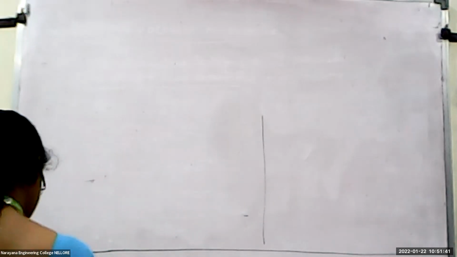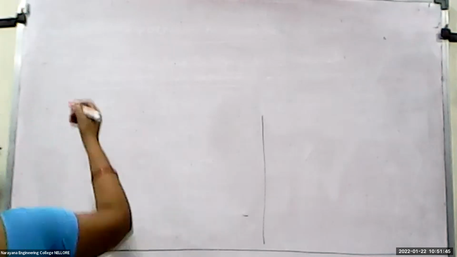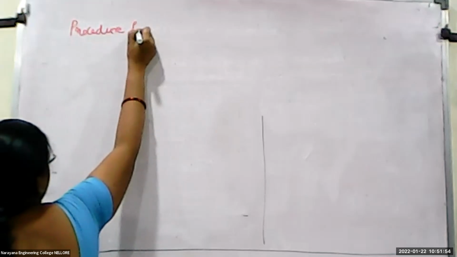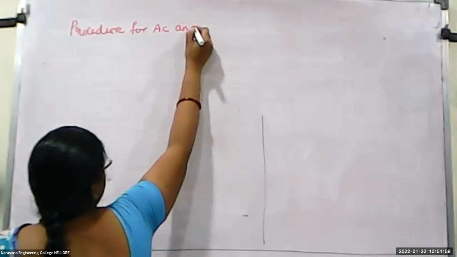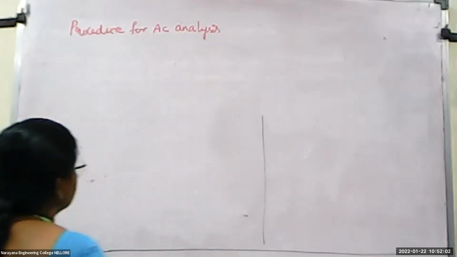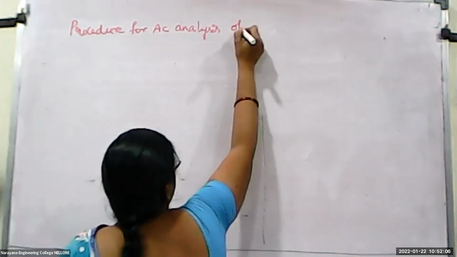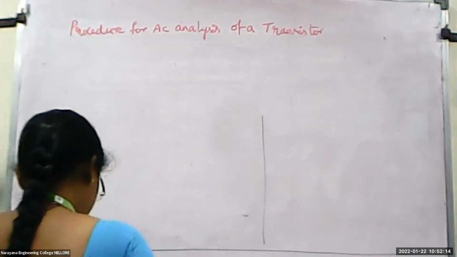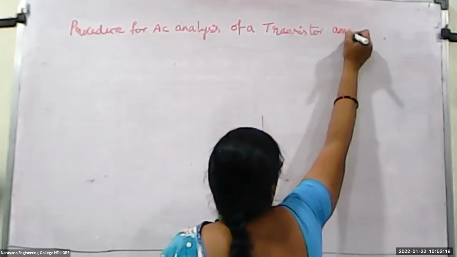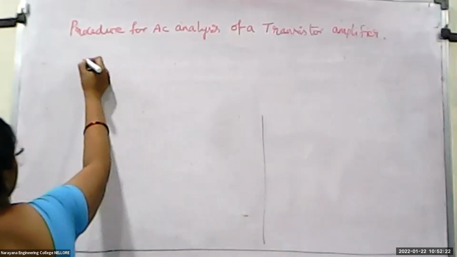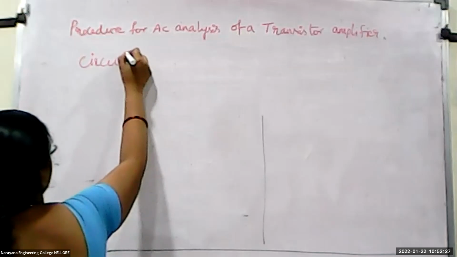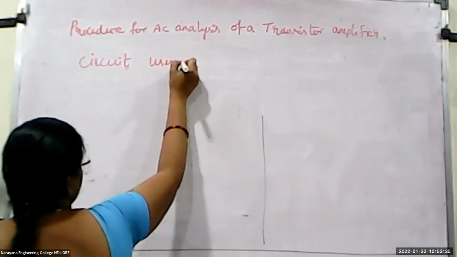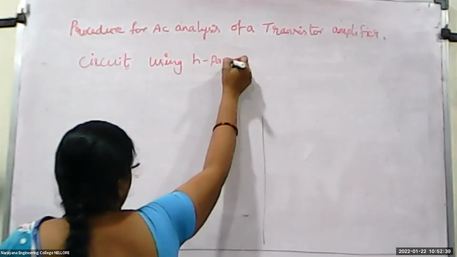Next, procedure for AC analysis. Note down the procedure for AC analysis of a transistor amplifier circuit using H parameters.